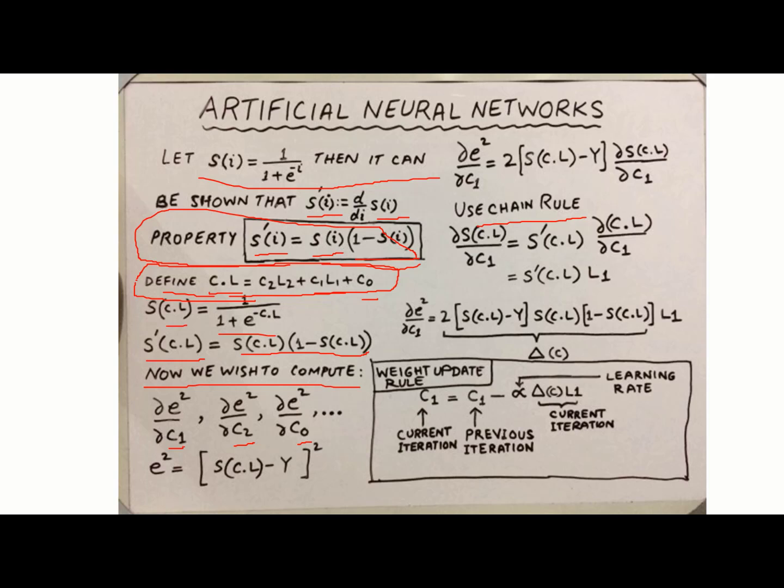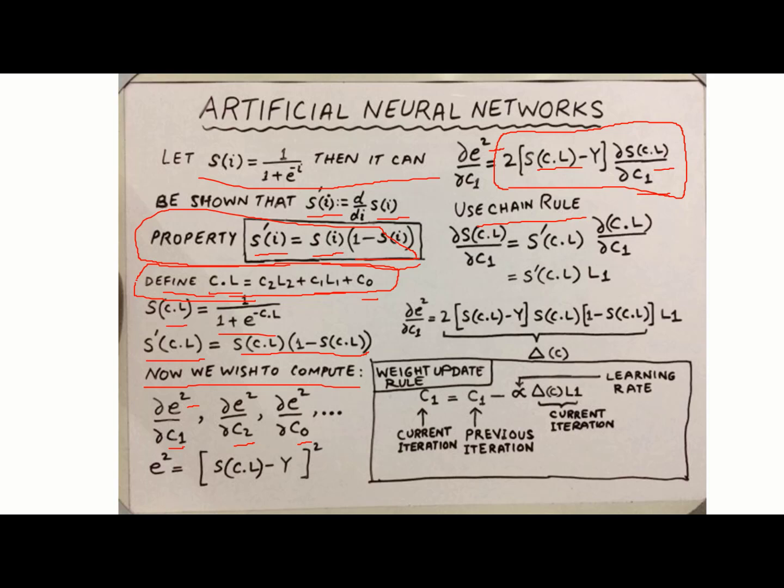And it is because the error function is actually a function of S, whose input is C dot L. So if you take the partial derivative of E squared with respect to C1, you are going to get 2 times S of C dot L minus Y, multiplied by the partial derivative of S of C dot L with respect to C1.